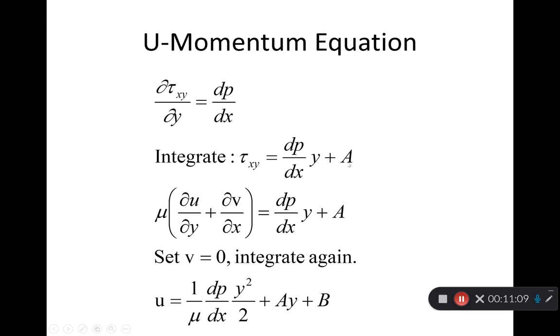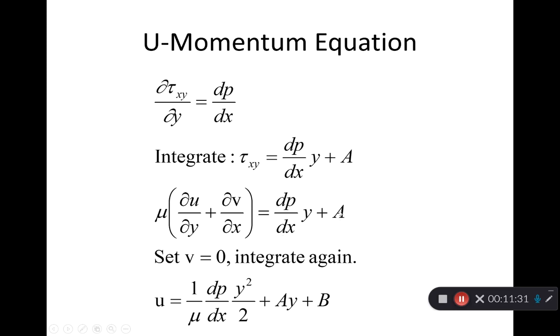The constant, we call it a. Now tau xy according to Stokes is mu times du dy plus dv dx. V is 0 because of the parallel flow, so this goes away. So you get mu times du dy equal to this quantity. Take the mu to the other side, 1 over mu.